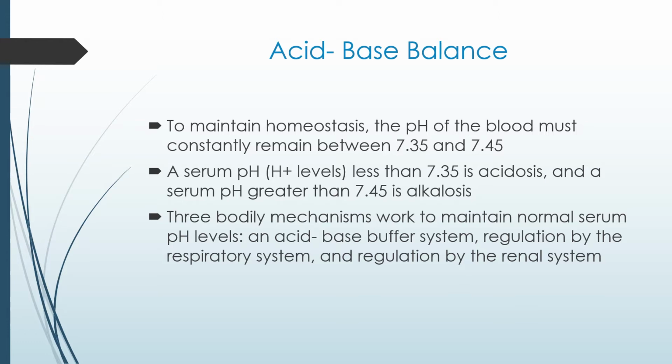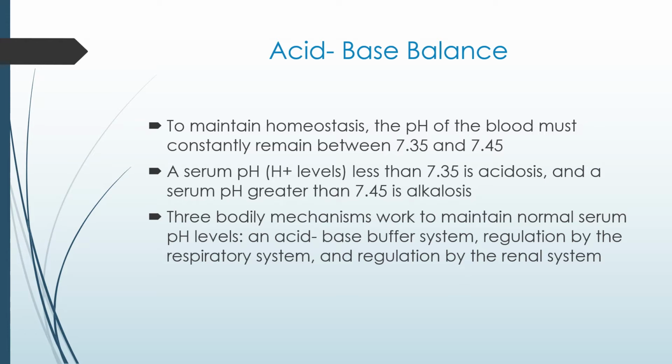So acid-base balance. Now, when we talk about acid-base balance in the past, we have always talked about the respiratory system. And we know somewhere along the way that the kidneys were somehow involved, but I didn't really delve very deeply into it because we were talking about the respiratory system. But now we are going to be talking about acid-base balance and how the kidneys are going to play a part in balancing the body.